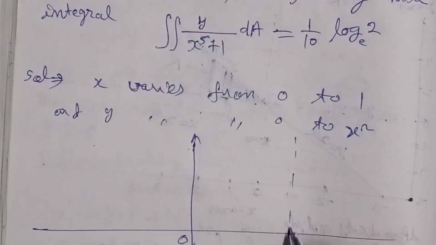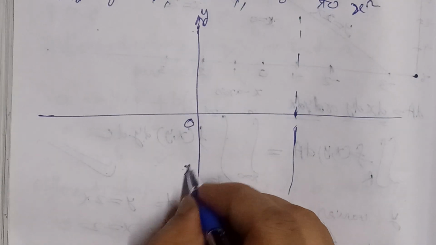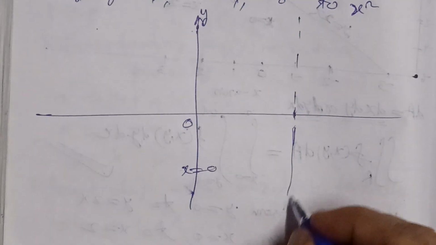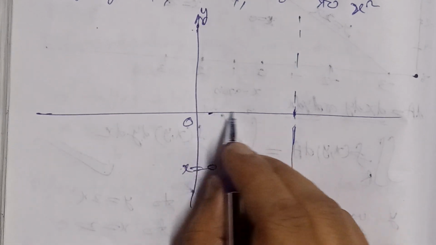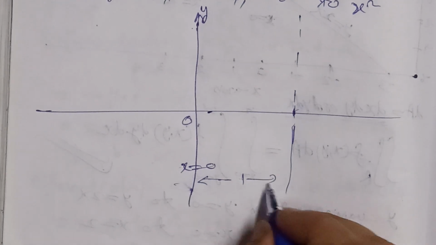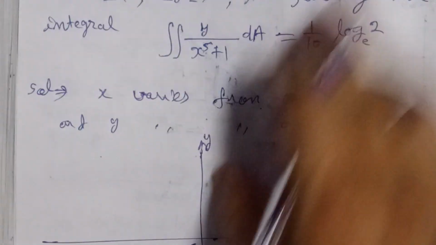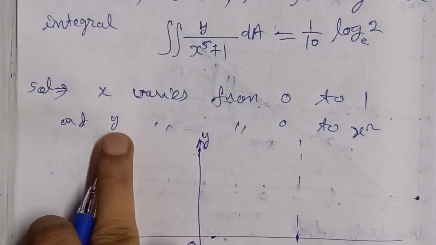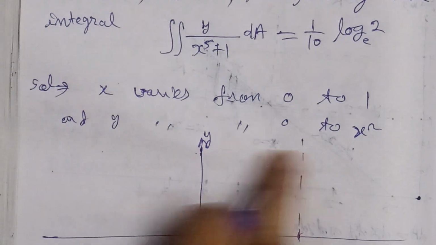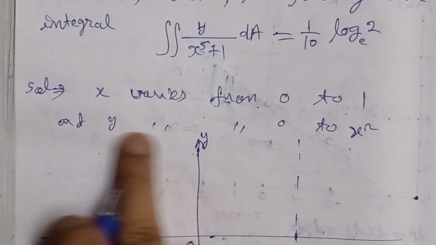Between these two ordinates, the equation of the y-axis is x equal to 0. This ordinate is at distance 1 from the y-axis, so its equation is x equal to 1. Now we find the value of y.